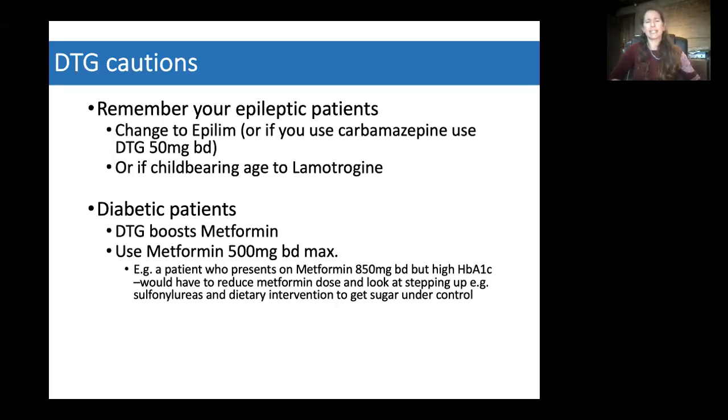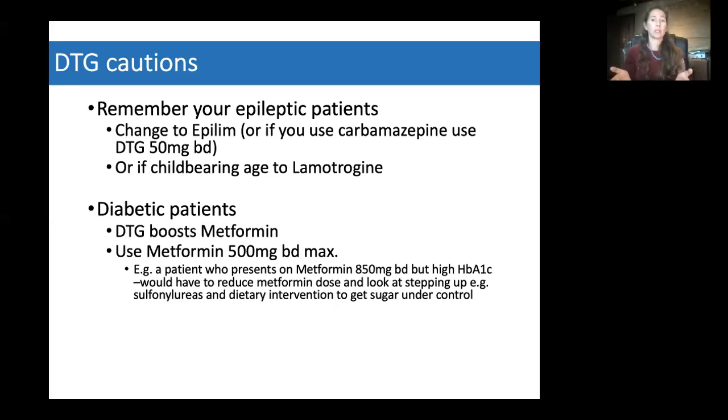And then there's this interesting little proviso around diabetic patients. Dolutegravir boosts metformin, right? So your metformin dose is going to be much higher in the body than the dosing you're giving orally. That makes sense. So the guidelines also say you have to use no more than 500 milligrams of metformin twice a day. Now imagine you've got that patient, we've had these. They come in, they're on their metformin 850 twice a day or 3 times a day.